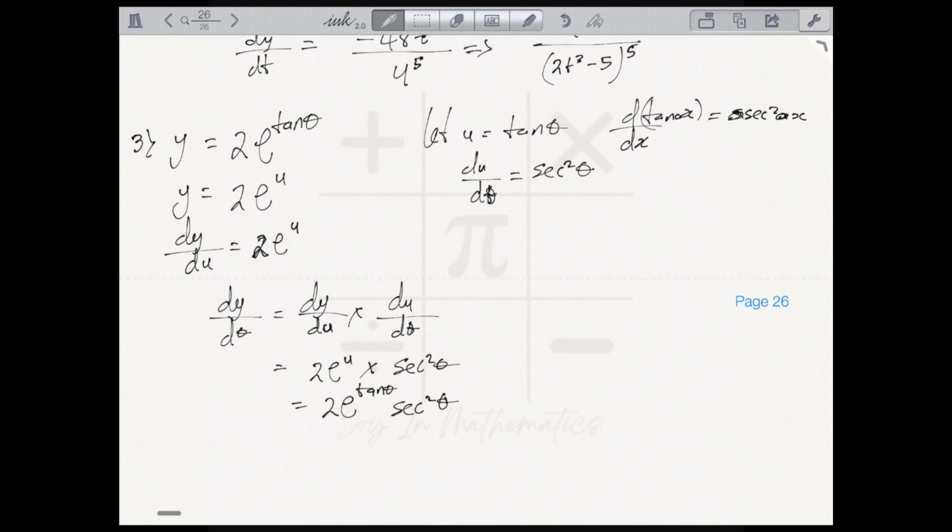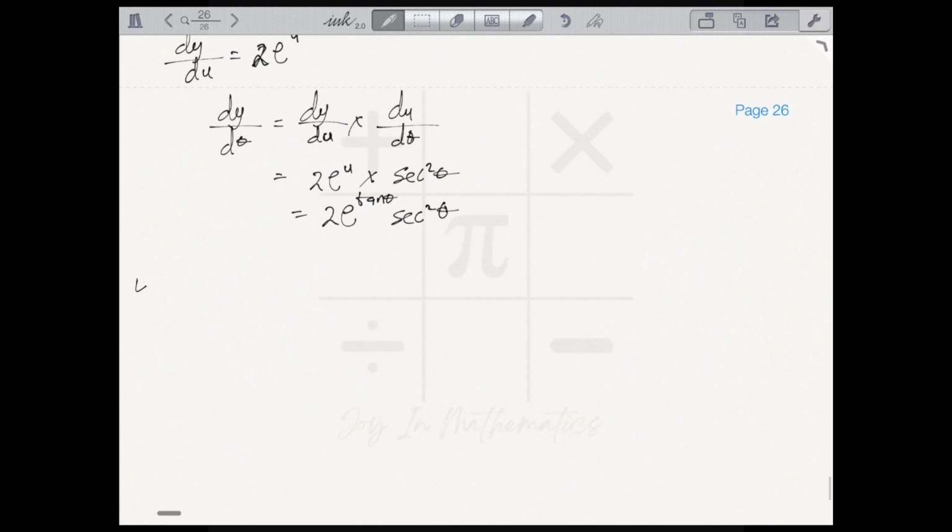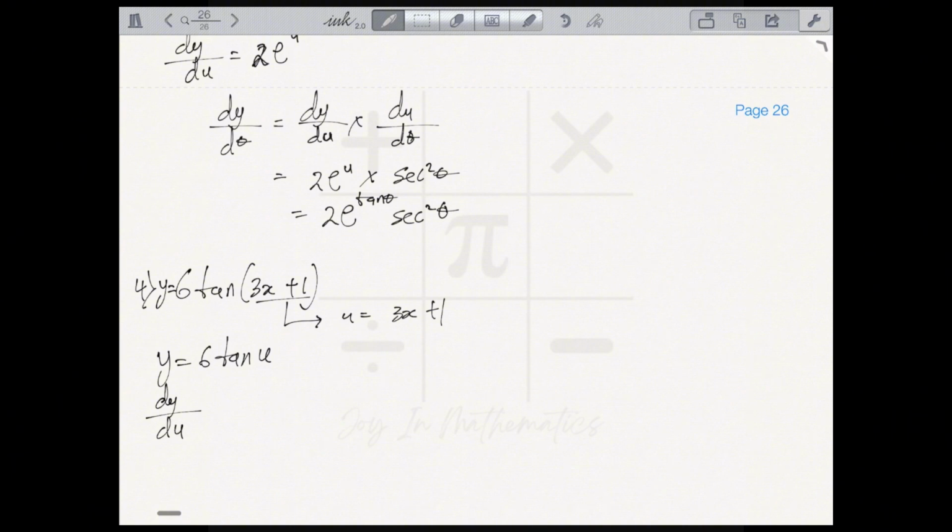Finally, as we wrap up on this, let's take another example. y is equal to 6 tan(3x plus 1). Now we can say our u is equal to 3x plus 1, and our y will become 6 tan u. We can evaluate dy/du just like we can evaluate du/dx.